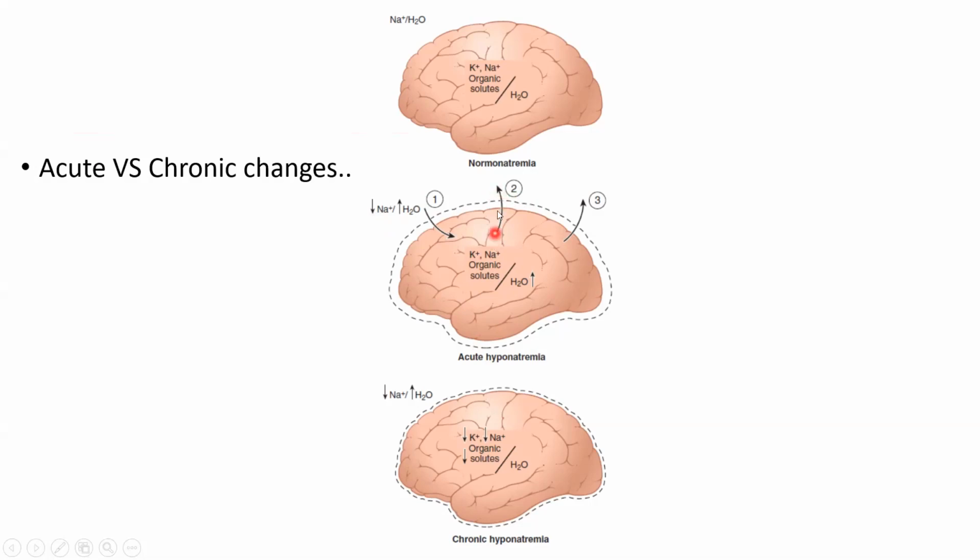Because if you decrease positive charge here, and there's more positive charge here, naturally it will go out to balance out the less positive charge outside. So this happens, and eventually there is balance of solute, and then water also readjusts accordingly.